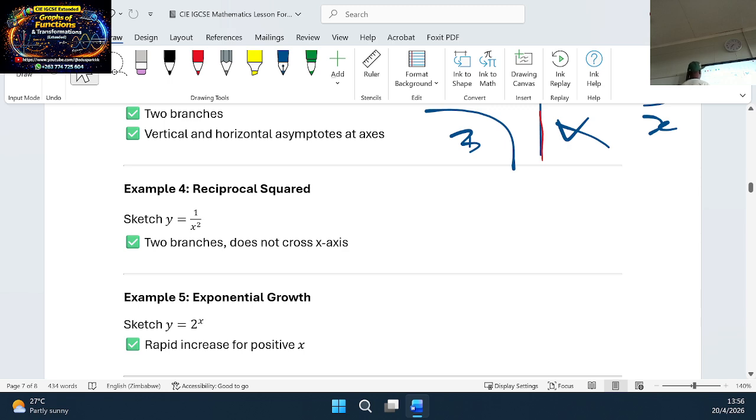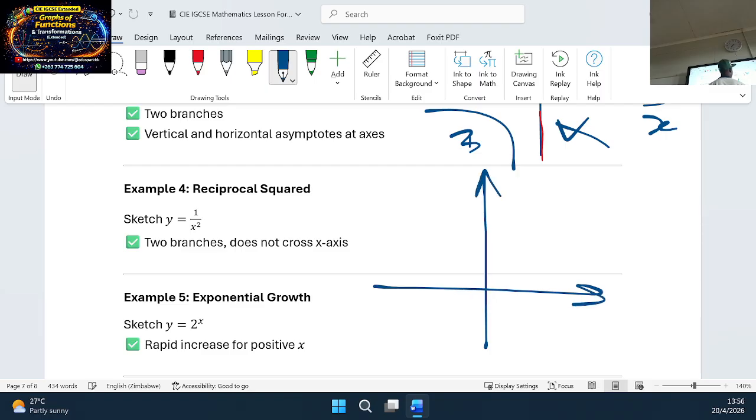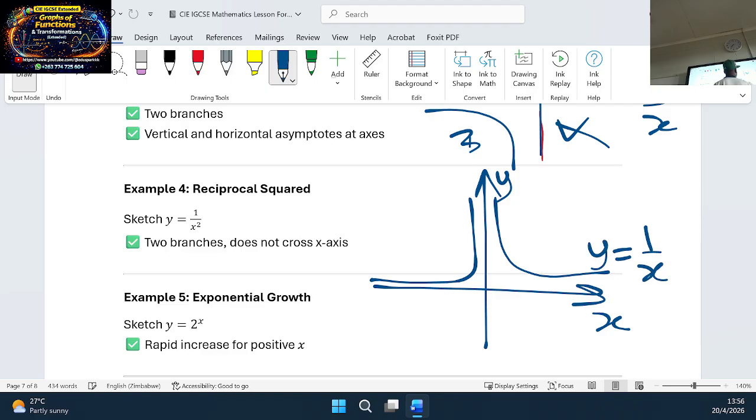We end up with a sketch again of y equals 1 over x squared, similar to the one above, but one thing of interest is this curve does not exist in the negative y region. So we are going to see a picture like this, which was the initial hyperbola, but the other part will come this side because it doesn't exist in the negative y region.